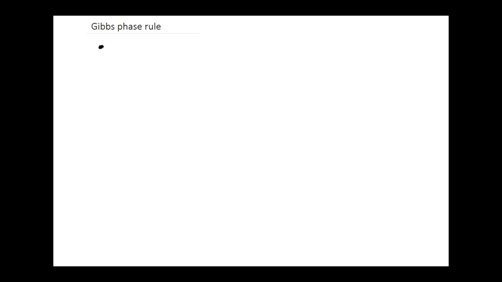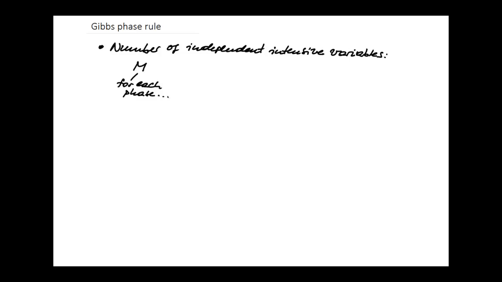And first of all, we can look at the number of independent intensive variables that we have in this setup. Well, we have m phases, we said. There are m phases coexisting. And now in each phase we can have L different types of molecules at different concentrations, and the concentrations may vary from phase to phase.